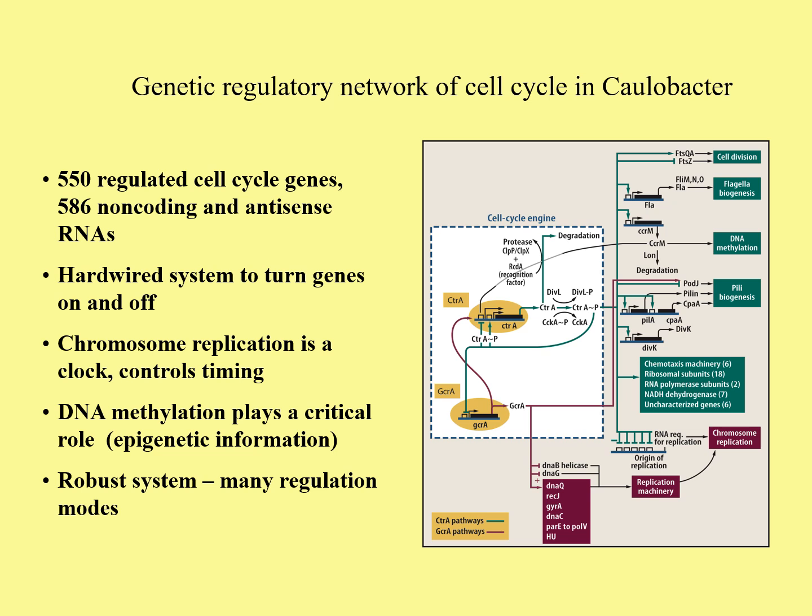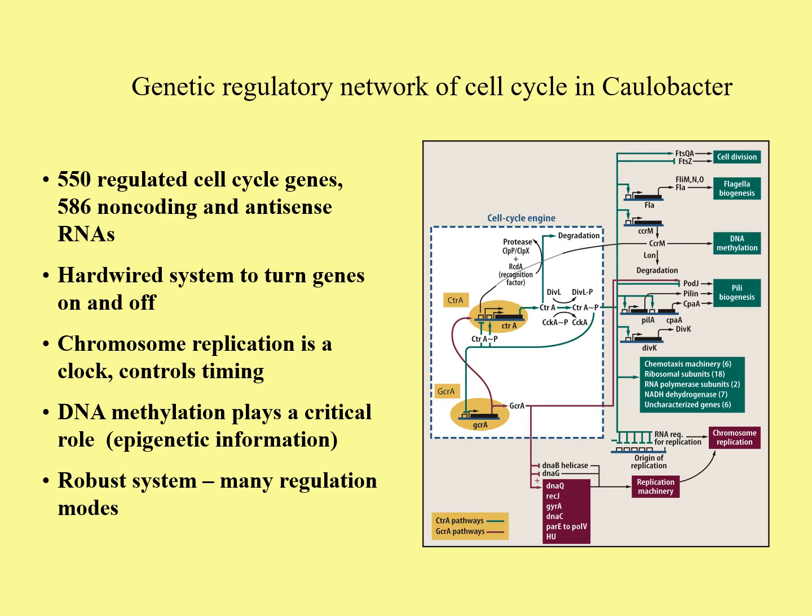The paper provides the following details. There are 550 regulated cell cycle genes. 586 RNAs are also critically involved. The system is hardwired to turn genes on and off. Chromosome replication acts as a clock, controlling the timing of certain events. DNA methylation plays a critical role.